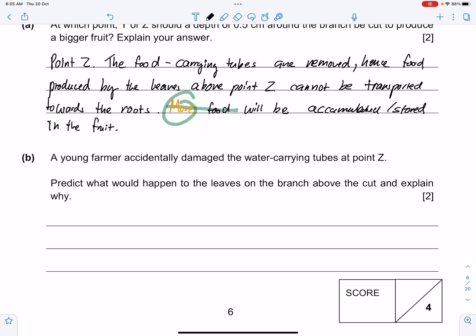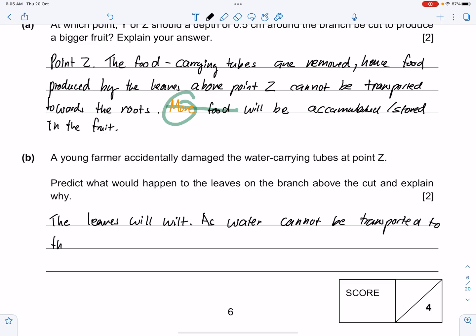Okay, so the leaves will wilt or die, okay, as water cannot be transported to the leaves.